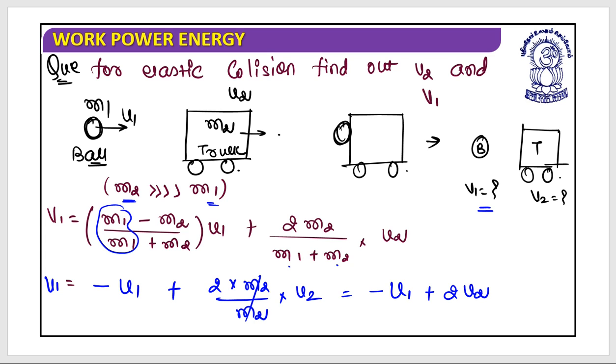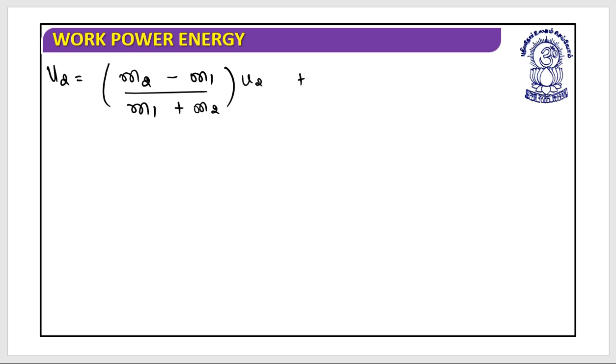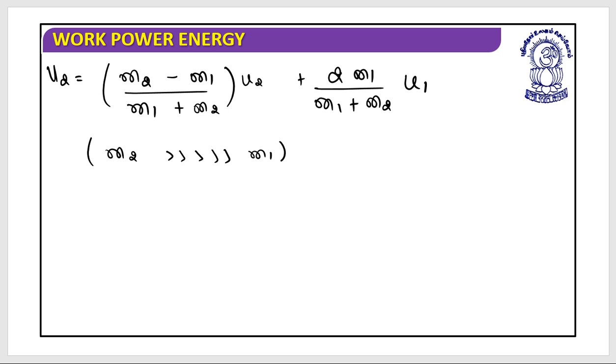Now let's find out what should be the speed of the truck after the collision. The master relation for v2 is (m2 minus m1) divided by (m1 plus m2) into u2, plus 2m1 divided by (m1 plus m2) multiplied by u1. And we know that m2 is much greater than m1.